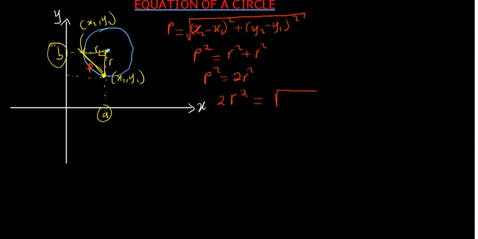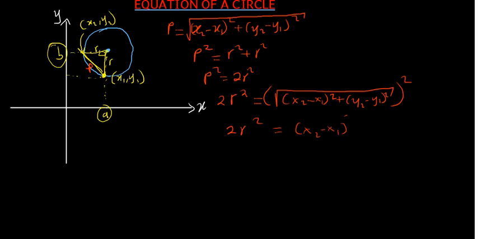So that will be the root of x2 minus x1 squared plus y2 minus y1 squared. Remember, this P is squared, so that will be squared. Therefore, to find R, 2R squared is going to be equal to x2 minus x1 squared plus y2 minus y1 squared.